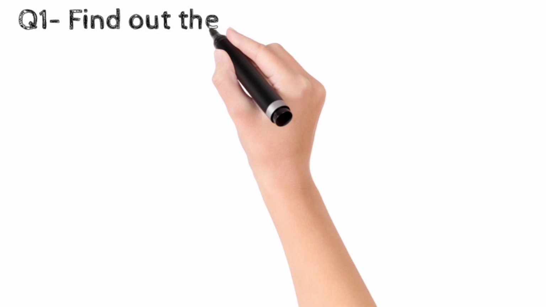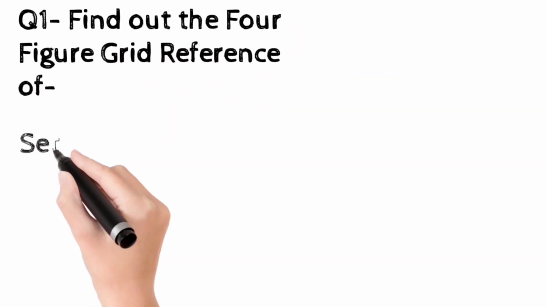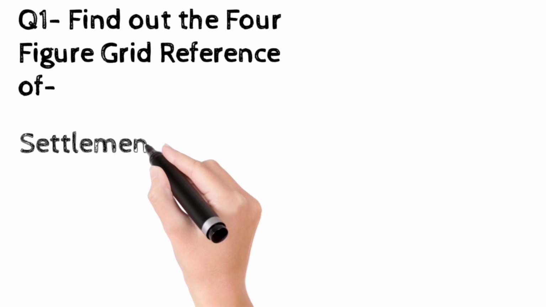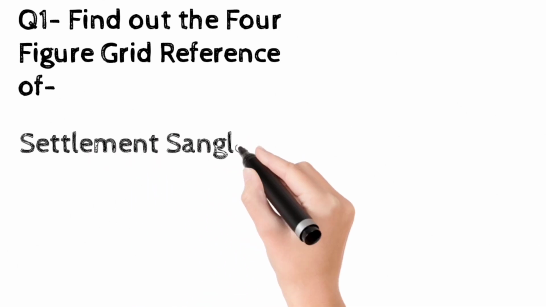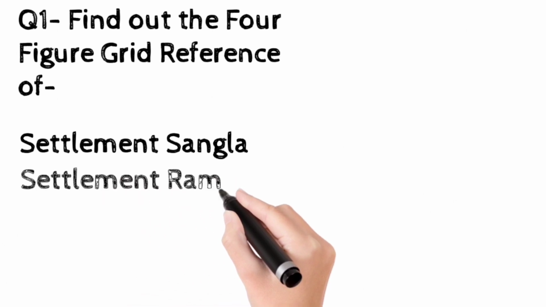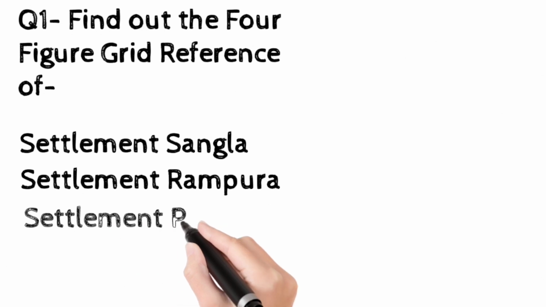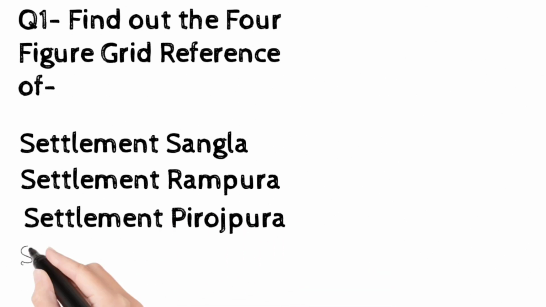The first question is, you need to find out the 4-figure grid reference of settlement Sangla, settlement Rampura, settlement Pirojpura and finally settlement Hebatpur.